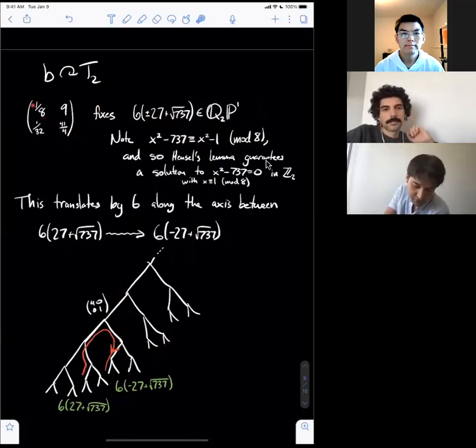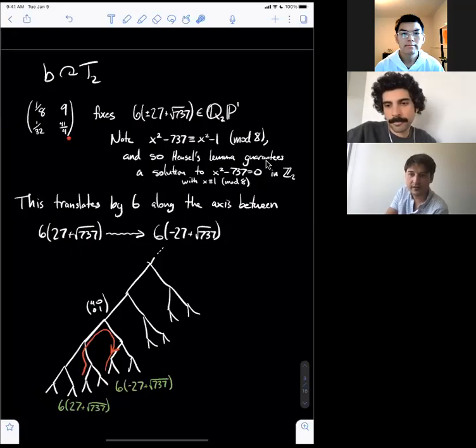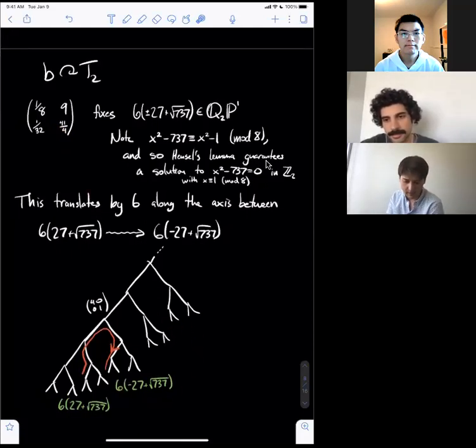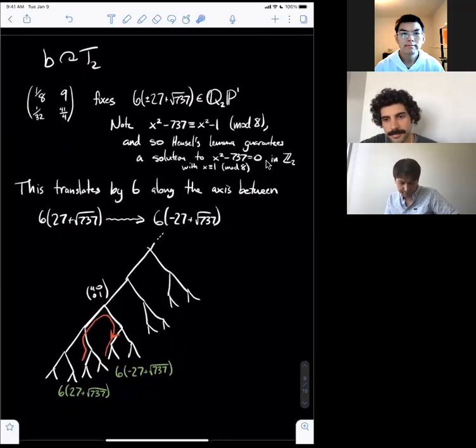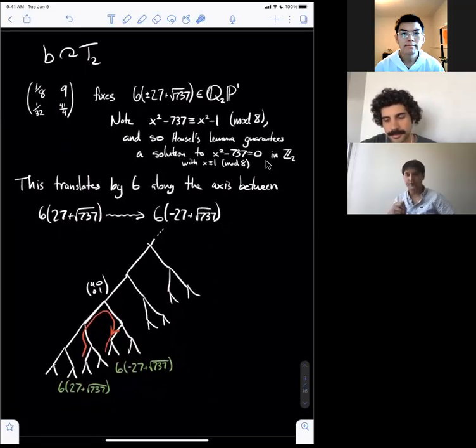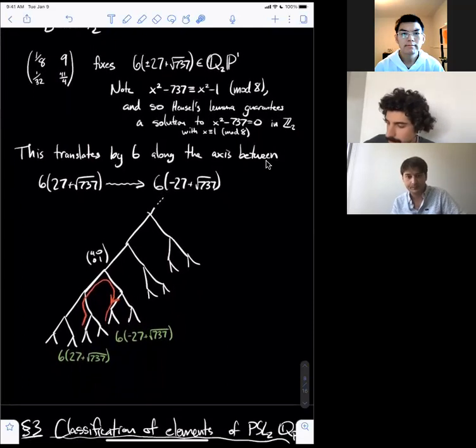Since the trace of this matrix has denominator a positive power of 2, this implies that it's going to be a translation on this. And you can even find the endpoints of this axis according to that.